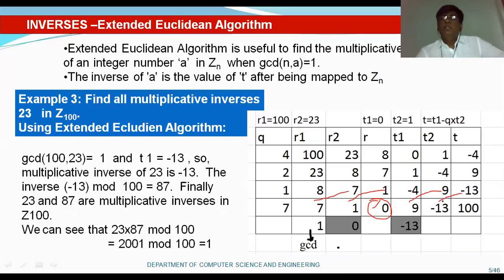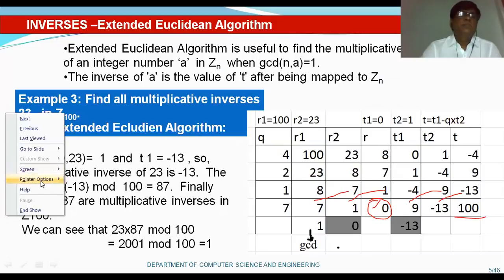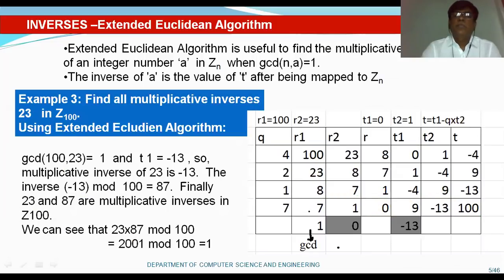Now what is its T value? 9 minus 7 times minus 13. That means 9 plus 91, this value is 100. Since we got the 0 remainder, in the last row this one comes to here, this 0 comes to here.